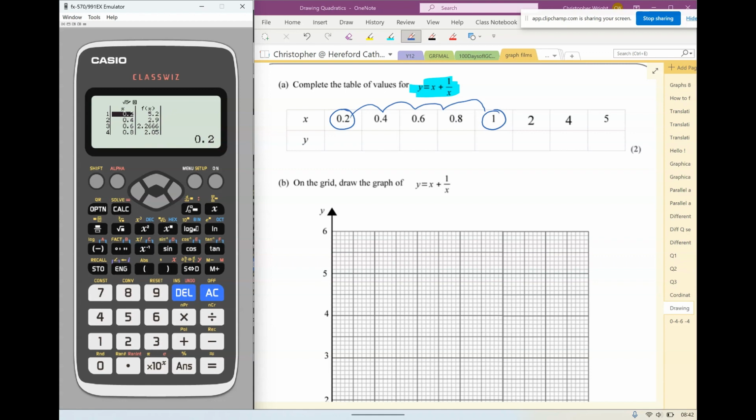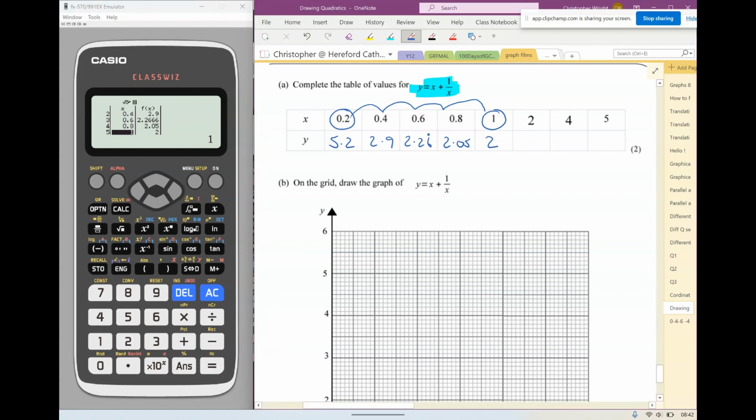And now I can work out or copy down those y values. 5.2, 2.9, 2.26 recurring, 2.05, and when x is 1, y is 2.